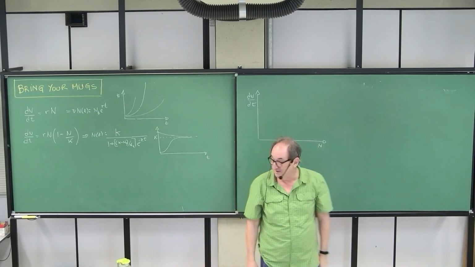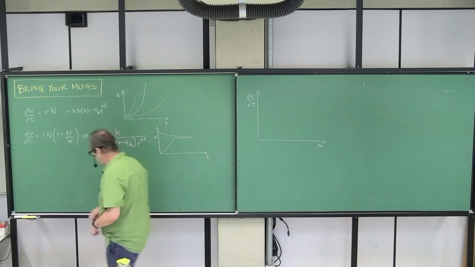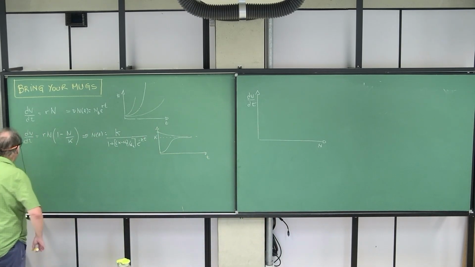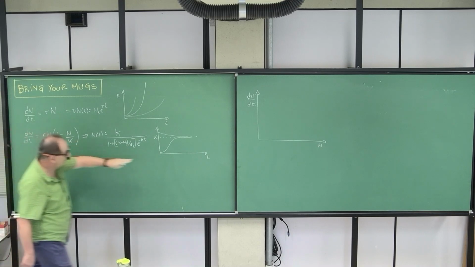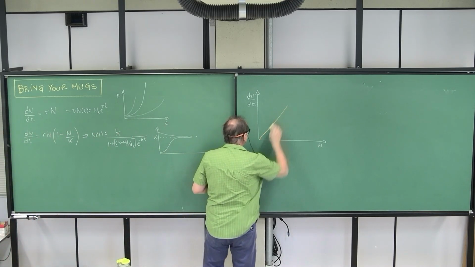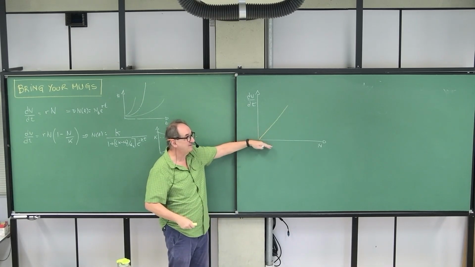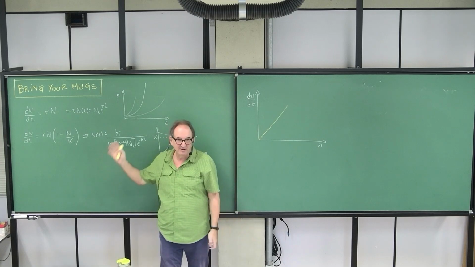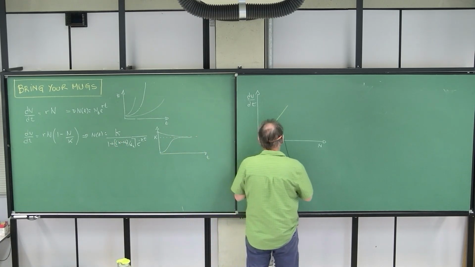So, for Malthus, this is just a straight line going to the origin. And this inclination here depends on r. Okay? So this is Malthus.